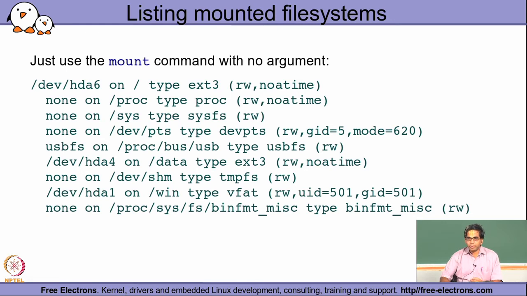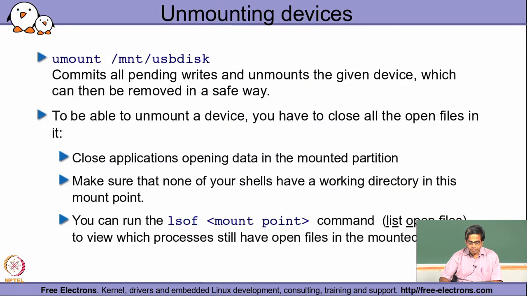If I mount it as read only, any kind of modification that I try to do on the file system, whether creating a new file or modifying an existing file, will not be allowed. It has to be mounted as read write; only then are modification operations such as creating or modifying a file allowed.